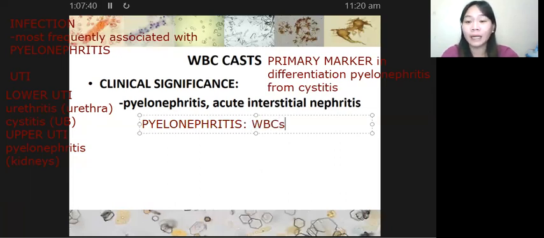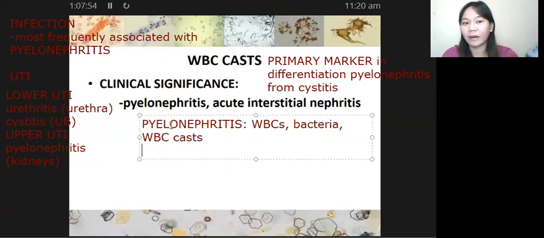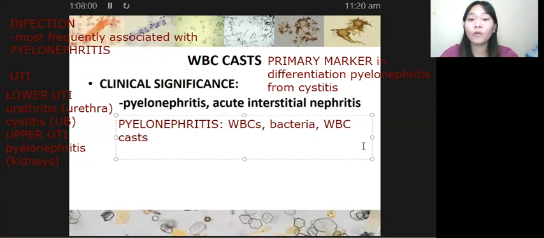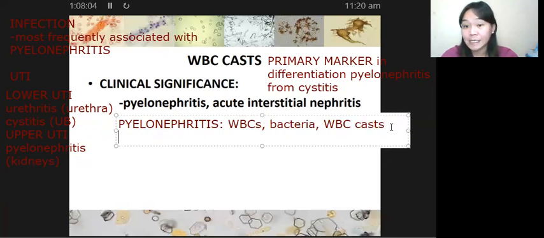Dapat talaga may makita kang WBCs, may makita kang bacteria, at WBC casts. Kung ganyan ang urine result ng pasyente, pyelonephritis.